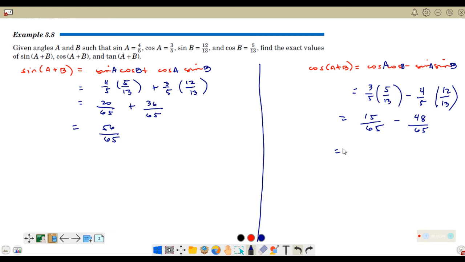Okay. Now we have 15 minus 48. So the answer is negative. Negative what? So 48 minus 15. Tamad na talaga ako mag mental math. Lagi ko na siyang kina-calculate.